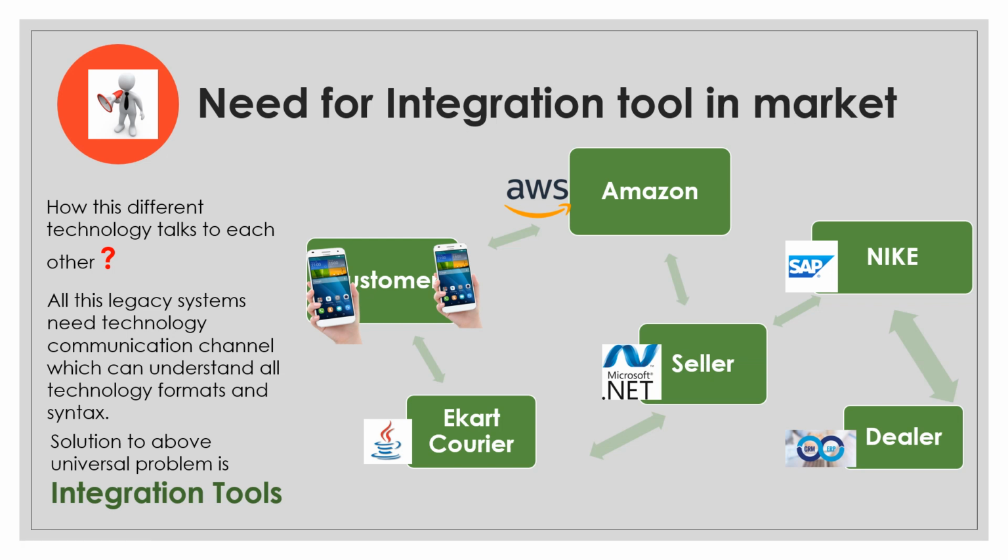Everything got broken. Day after tomorrow Nike says SAP is too costly, and I have another option I wanted to start using. No one will stop Nike from changing the SAP application to another application for their IT needs. Then again the seller and dealer need to worry about it and integrate with them. So this challenge is always there.